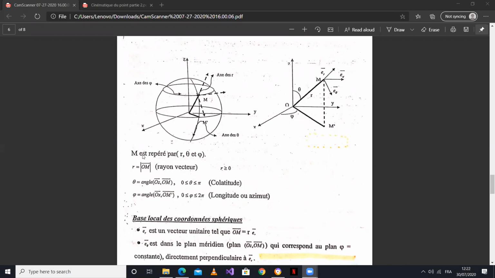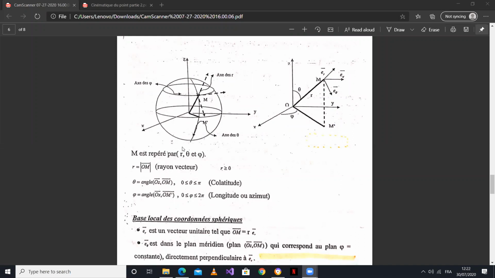So they are telling us M est repéré par R, theta et phi. And as I told you yesterday, if they say M est repéré, it means these are what are going to help us define its position and its movements too: R, theta, and phi. So whenever we are trying to locate a point in this sphere, we are going to use these.